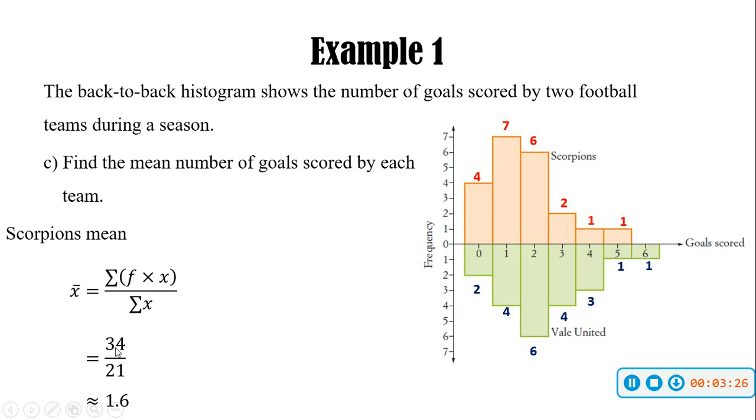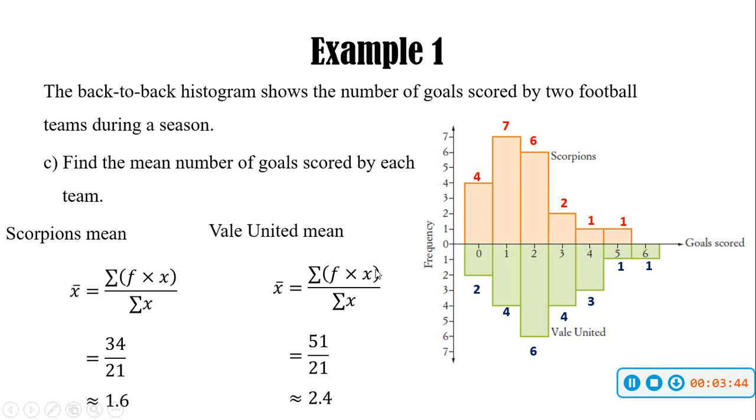If you calculate using a calculator, you get Scorpions scored 1.6 goals per game on average. Similarly, for Whale United, total number of goals divided by total number of games, they scored 2.4 goals per game.